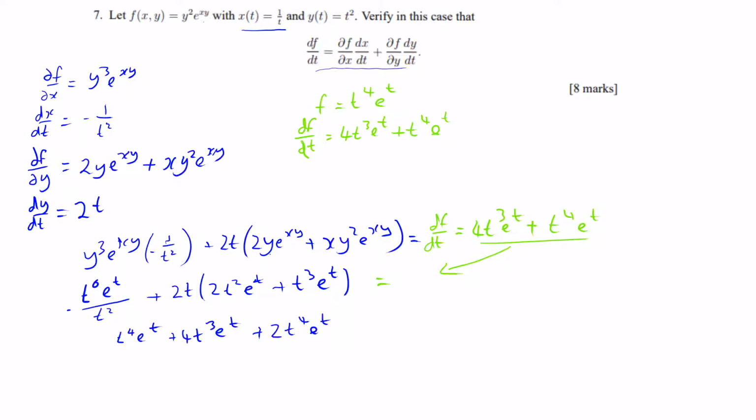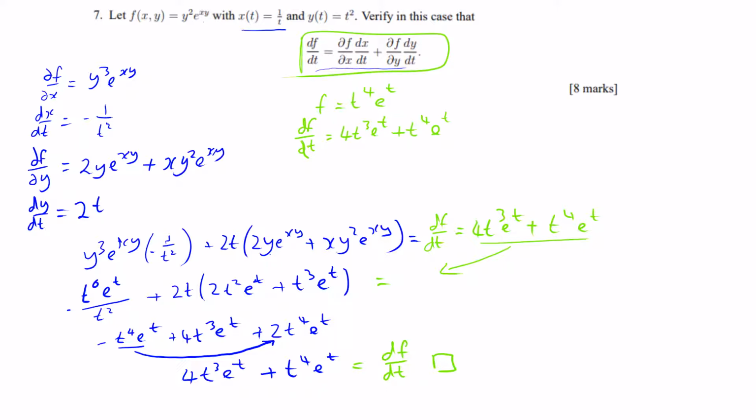And again, we can tidy that a bit further, so that negative combines with there, t to the 4 e to the t, leaving us with 4t cubed e to the t plus t to the 4 e to the t, which is equal to df by dt. So here we have parameterized in order to verify this equation at the top. I hope you found this useful. Thank you for watching.